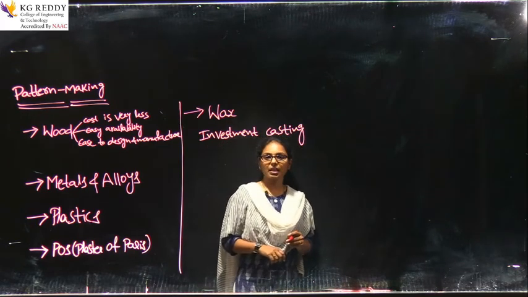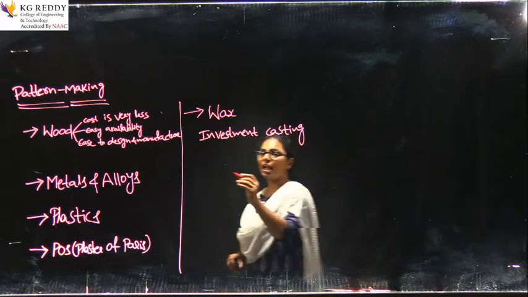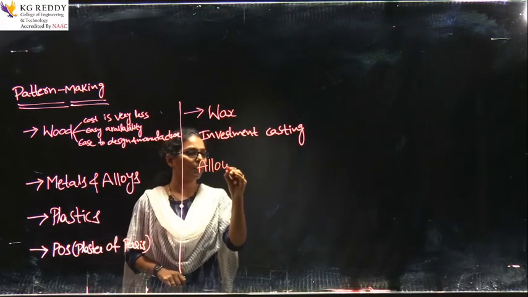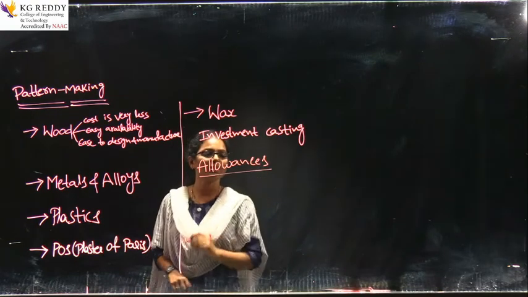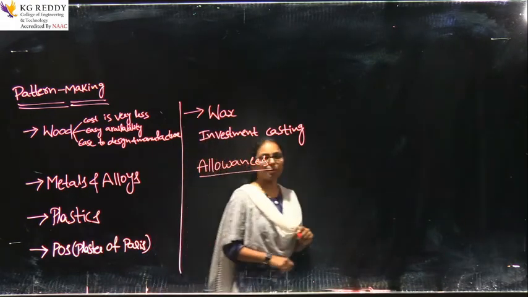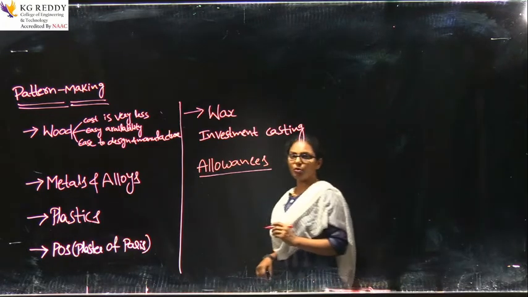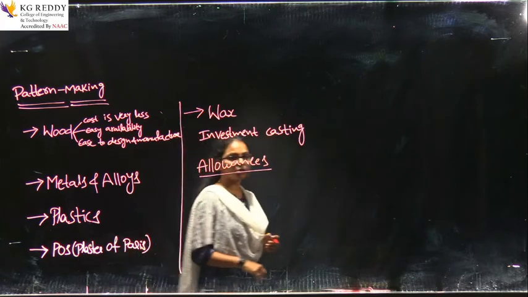And the major second parameter which we need to know is allowances. In pattern making, this is the major parameter we need to know before making a pattern. What are allowances?